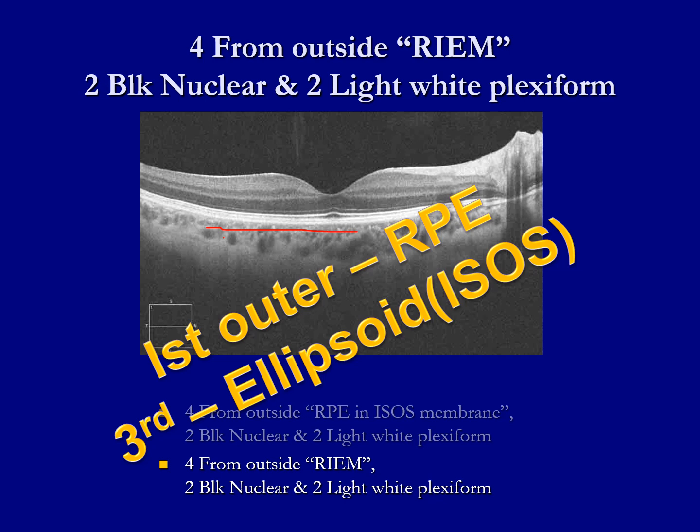This one, the first one, is the retinal pigment epithelium, and the third one, this one, is the ellipsoid layer or junction of inner segment and outer segments of rods and cones. So all you have to remember is the first outer layer is retinal pigment epithelium, and the third from outside is ellipsoid or isos layer.